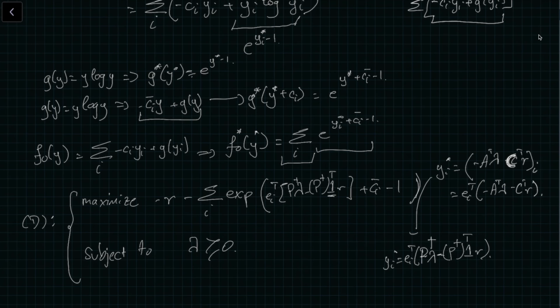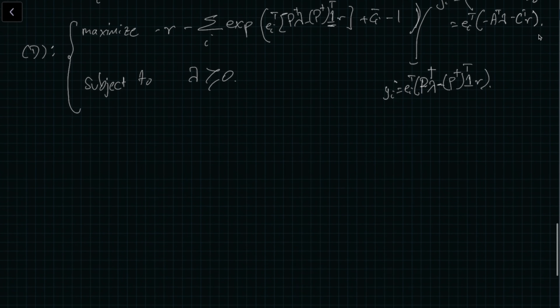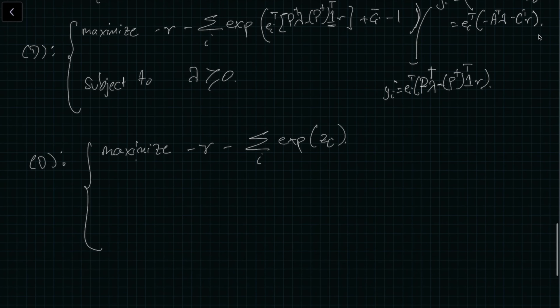And to have a cleaner dual function, I can do this. So I can maximize minus nu minus the sum of exponential of zi. I can introduce z, where my lambda is positive and my zi is all this.